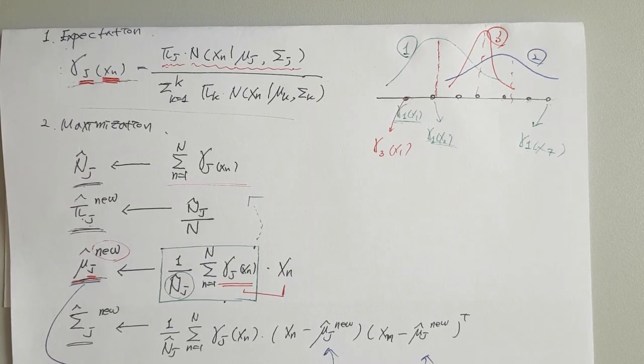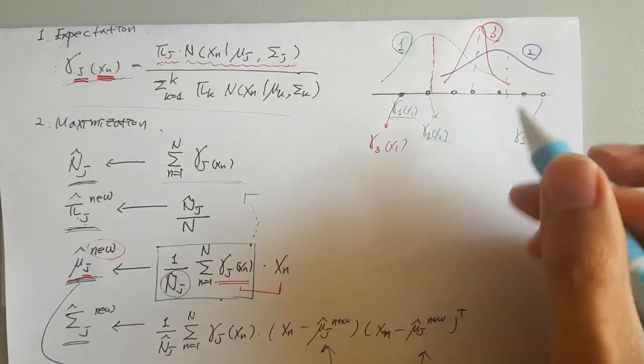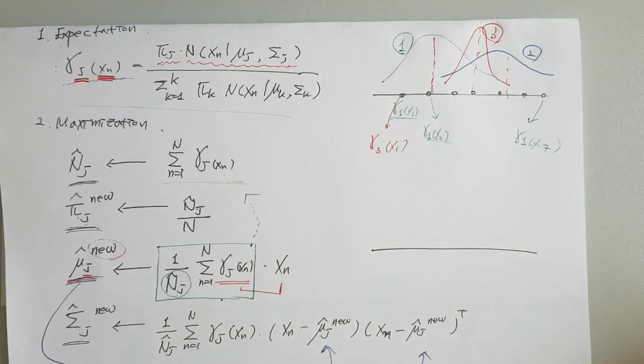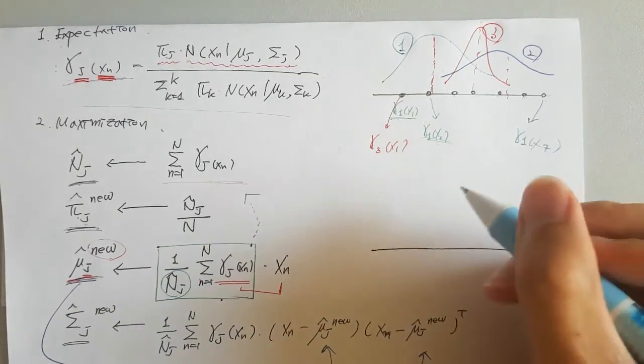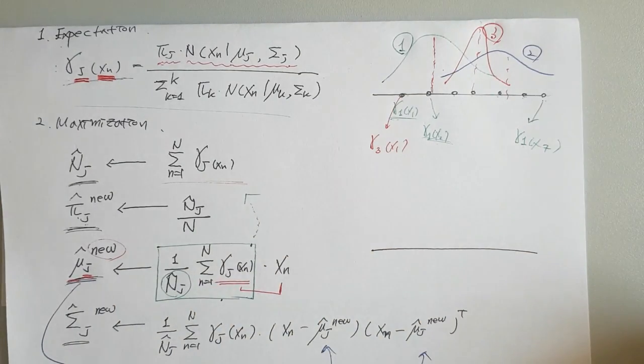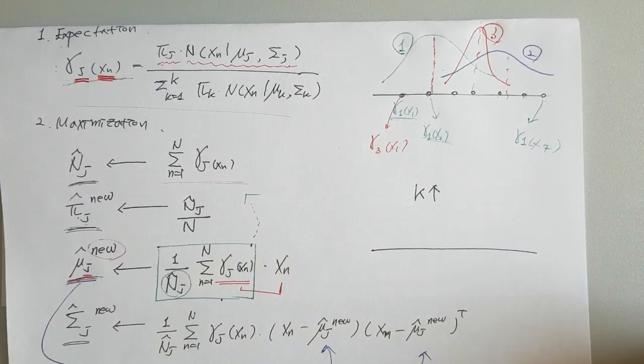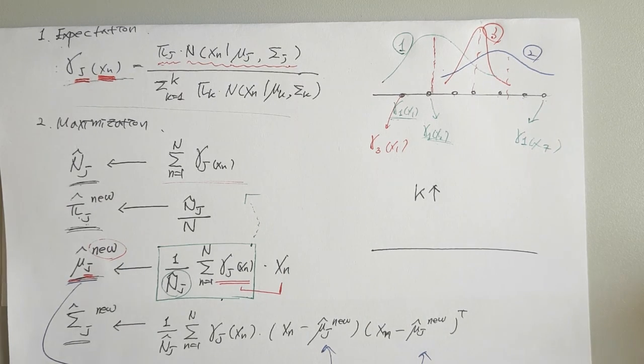Then we will find the best distribution, the best combination of distributions, which can explain any points. So theoretically, if k increases, if there are many Gaussian distributions, then we can represent any kind of thing theoretically. Okay, I hope my explanation helped you guys. Thanks. Bye.